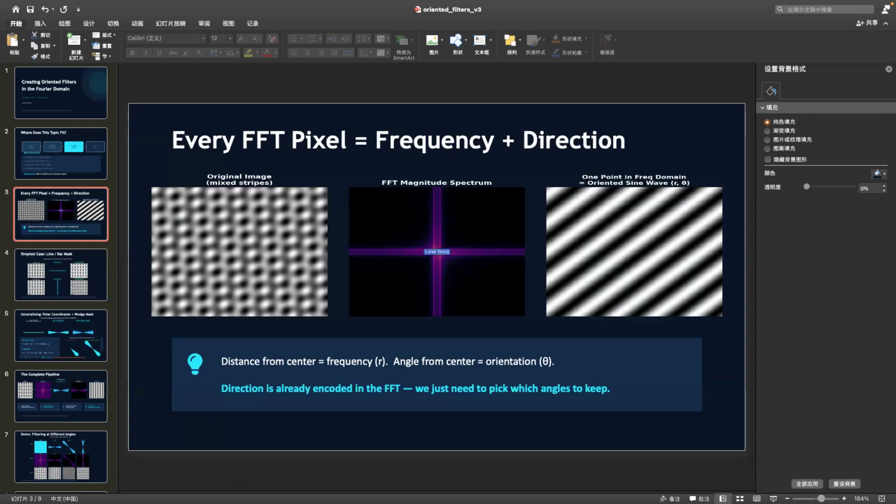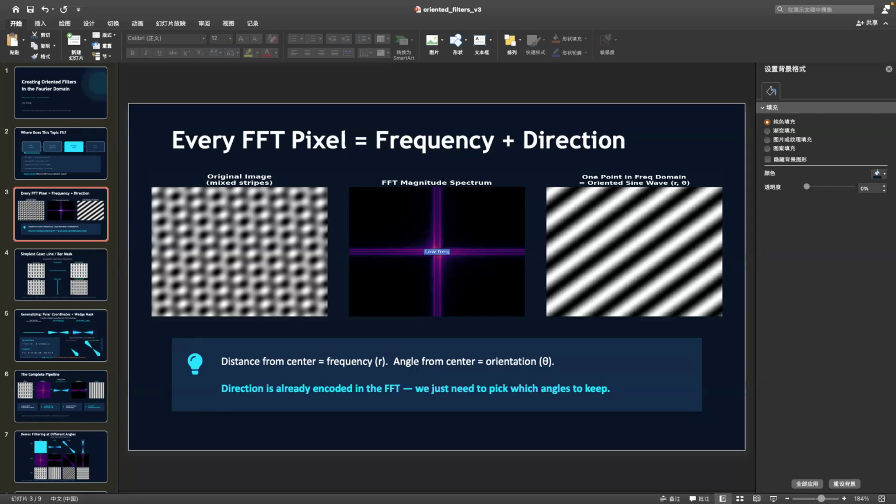And the angle in that frequency domain relative to the center tells you the orientation, in which direction that change is happening. So if you see a bright dot up here to the right of the center, that means your image has a strong sine wave component that is fairly high frequency and oriented in that direction.